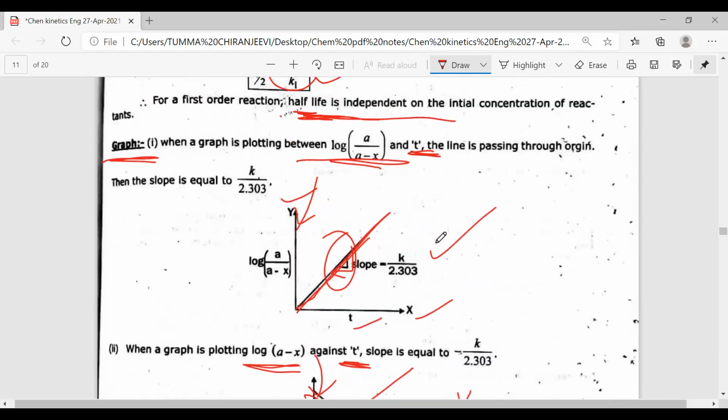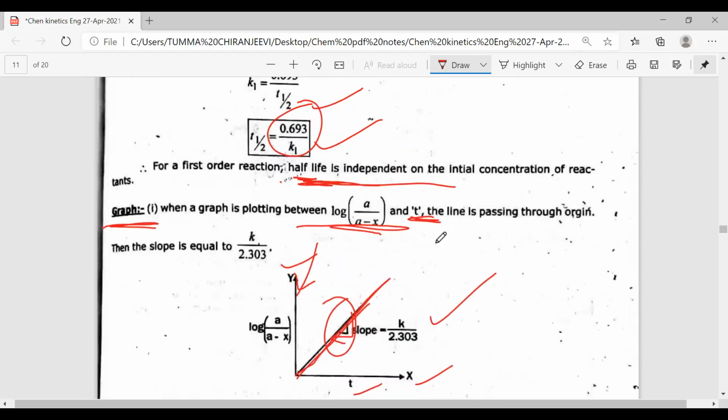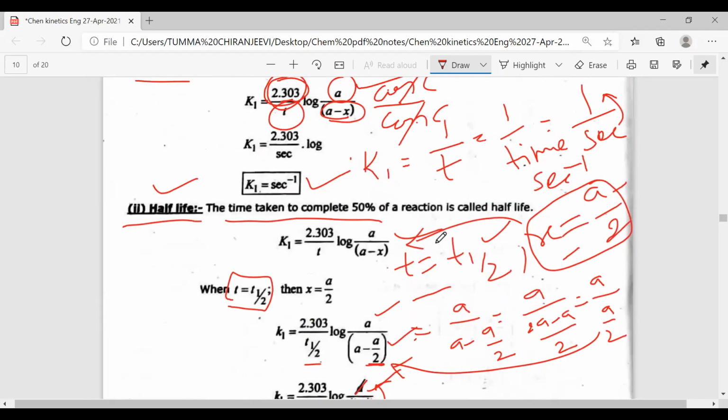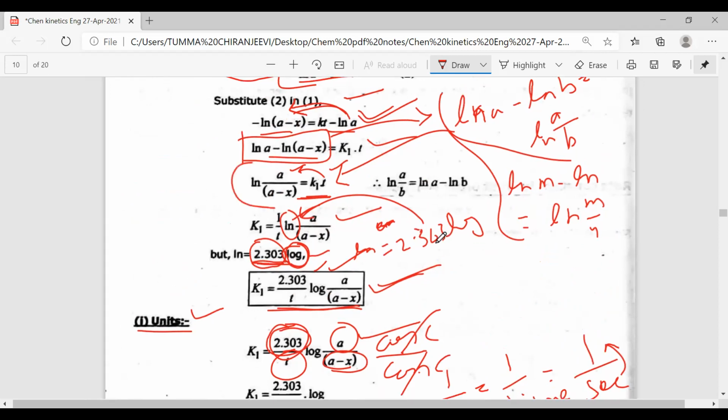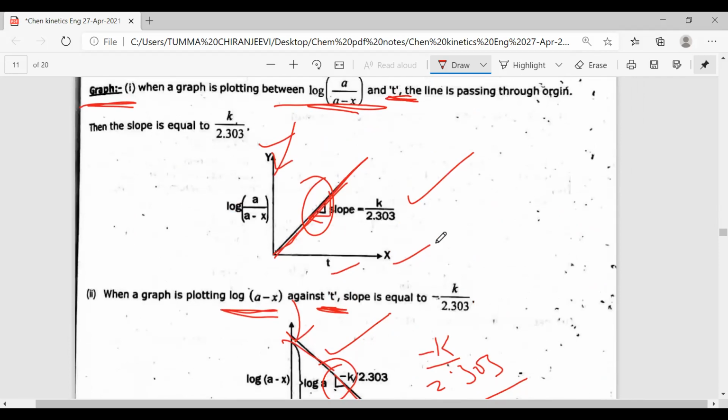So the first one is log a by a minus x. Here is the equation: log a by a minus x is equal to Kt by 2.303.